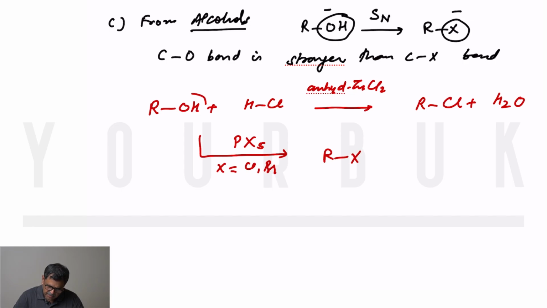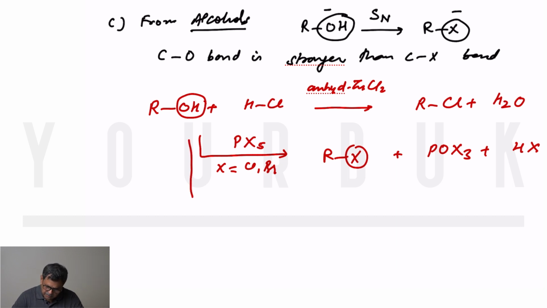So OH has been replaced by X. And our side products are POX3 and HX. So we can use phosphorus pentahalide. Phosphorus has a vacant d atomic orbital, so phosphorus can act as a Lewis acid also. And since the P-X bond is weaker, it can easily supply X minus also.